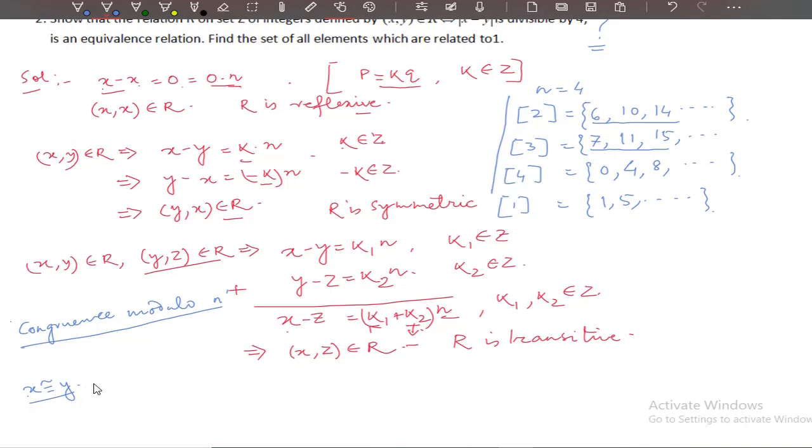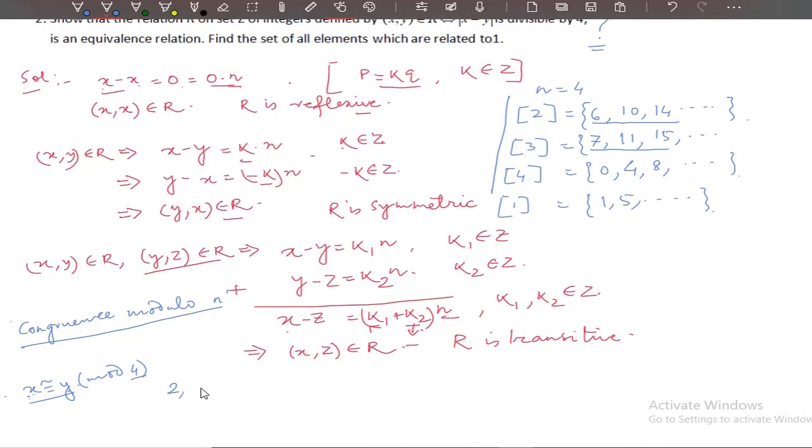x is congruent to y modulo 4 if both leave the same remainder when divided by 4. I am repeating, x and y are congruent if both leave the same remainder when divided by 4.